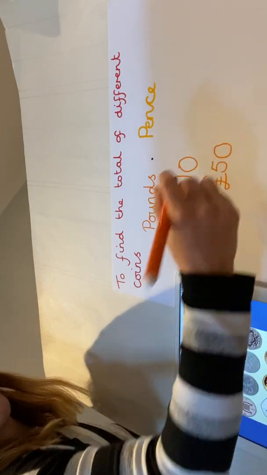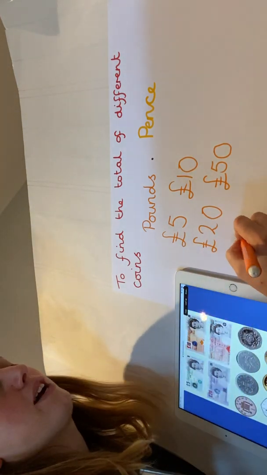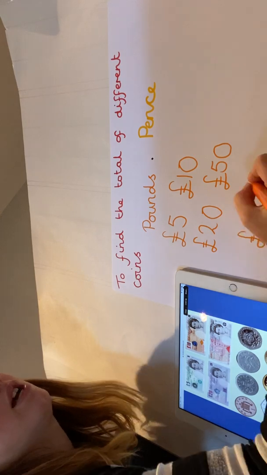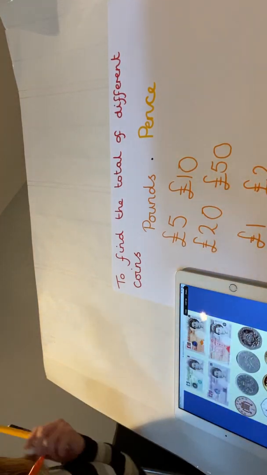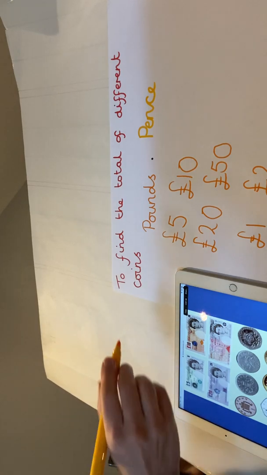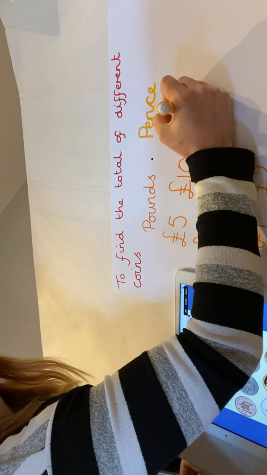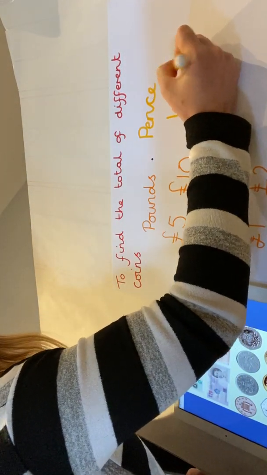But we also have 2 coins that represent pounds as well. We have our £1 coin and we have our £2 coin. Then if we're thinking about pence, starting with the smallest, we have our 1p coin. Then we have our 2p coin.